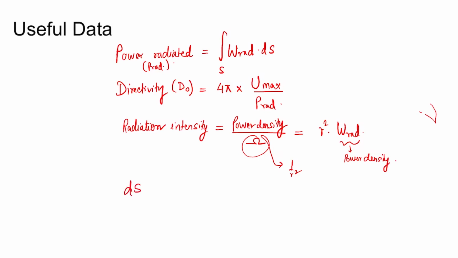The elemental surface for a spherical system can be written as R square sine theta d theta d phi in the radially outward direction. Now coming to the solution, the surface integral of W_rad dot ds is the radiated power.